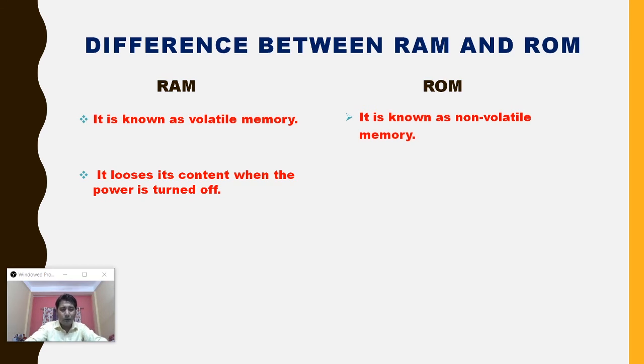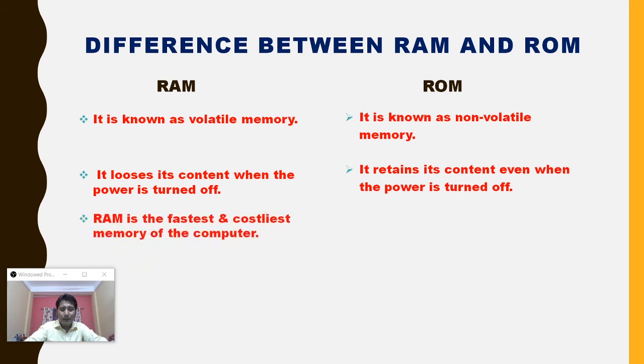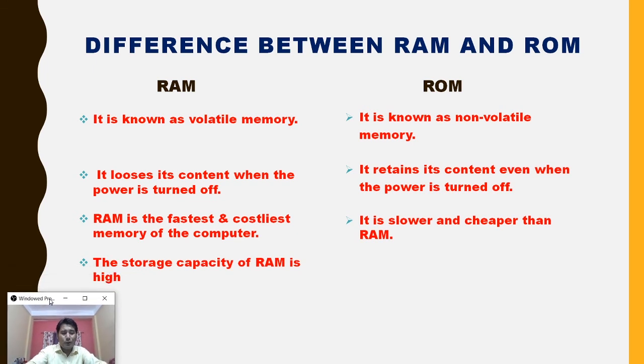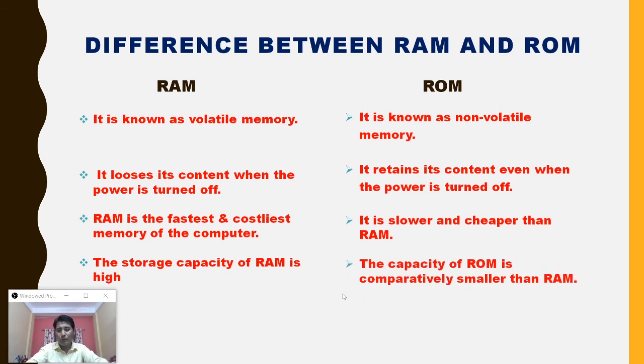As the power is turned off, the data get lost, but the ROM retains its content even when the power is turned off. RAM is the fastest and costliest memory of the computer. ROM is slower and cheaper than the RAM. The storage capacity of the RAM is higher as compared to the ROM, and the capacity of ROM is comparatively smaller than the RAM.